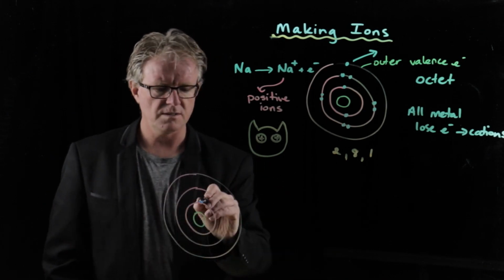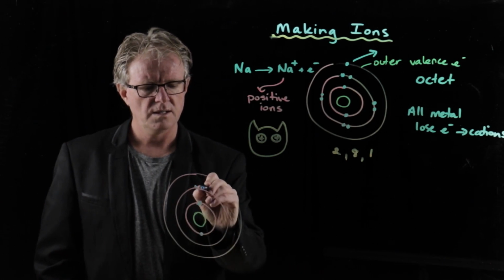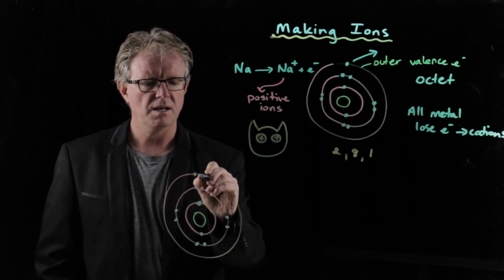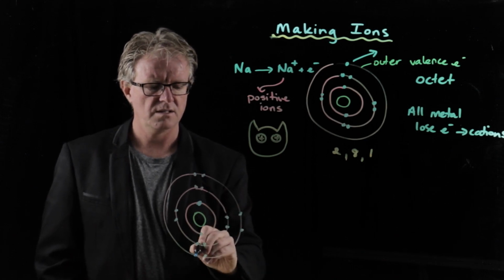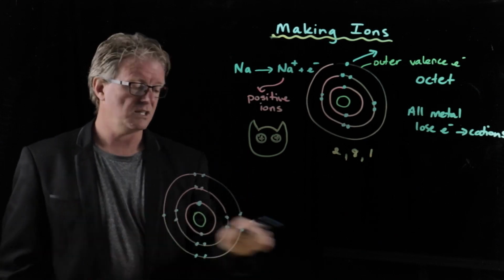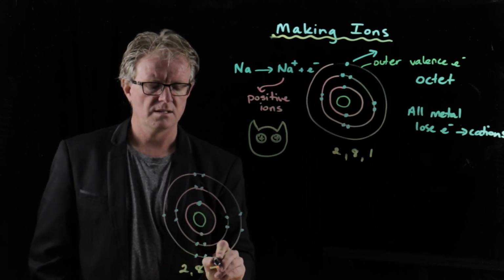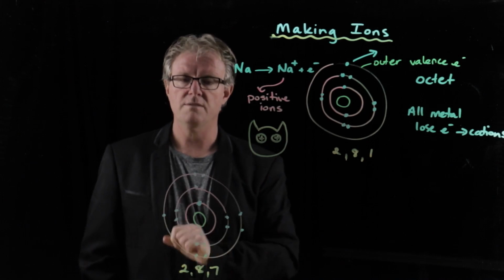So let's draw those in. So 2, then we have 8 here, which makes 10, and then we have 7 on the outside, which gives us 17. And so chlorine has the structure 2, 8, 7. So that's the shorthand for chlorine.